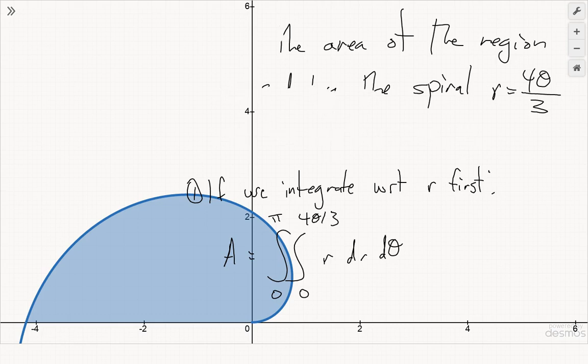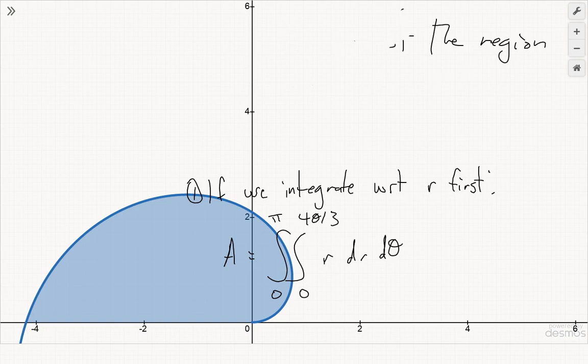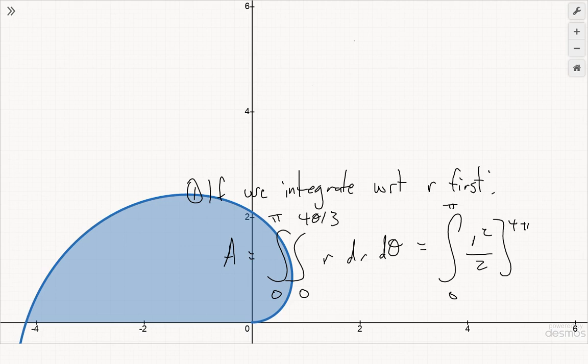So that'll become the integral from 0 to pi of r squared over 2 at 4 theta over 3 and at 0.